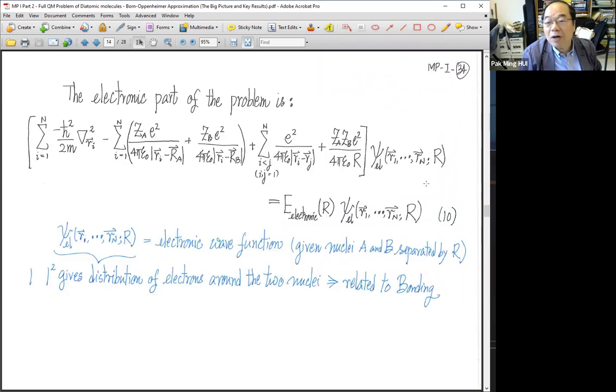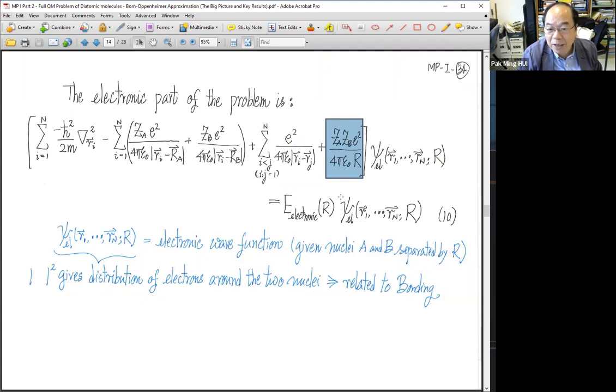So I write down one more time the problem of the electrons. This is the problem we want to discuss the solution of. Electrons' kinetic energy, each electron sees nuclei A and B, they repel, and I add in the nuclear repulsive Coulomb energy here.